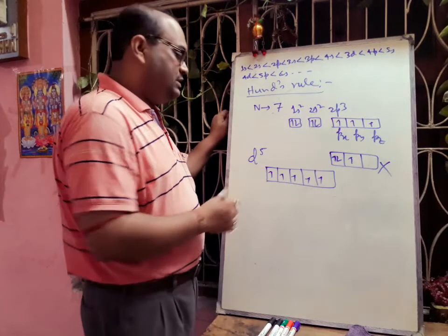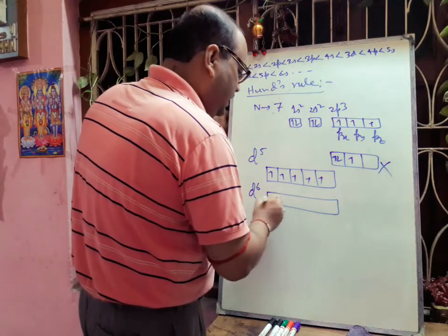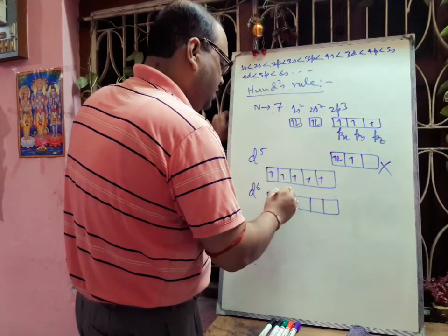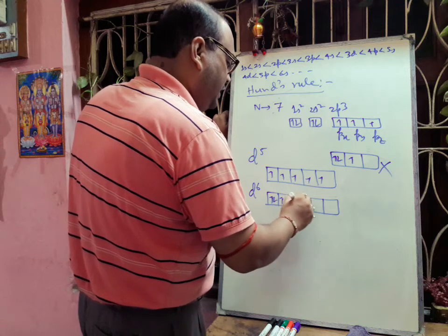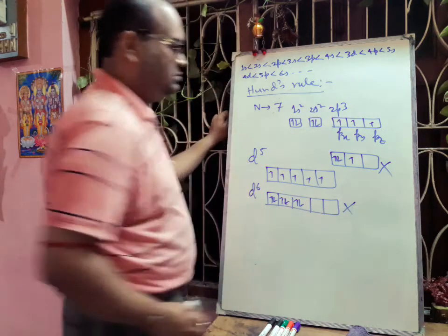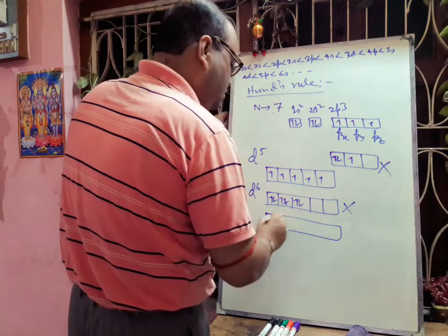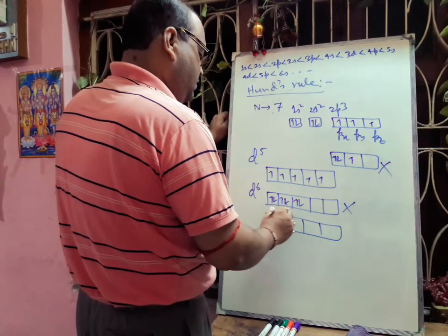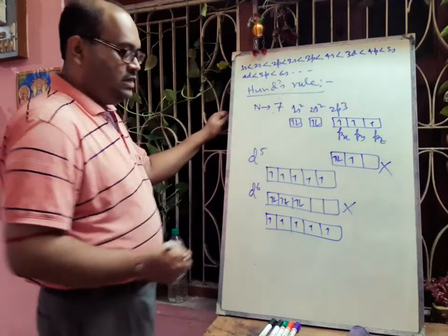If you have d6, then you have to pair one. But if you write it in this way, that is wrong. How to write? First you fill as unpaired electrons in all degenerate orbitals.